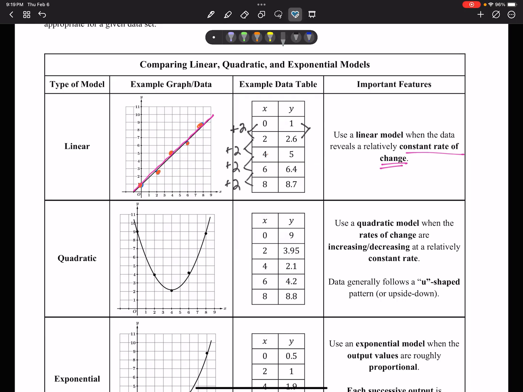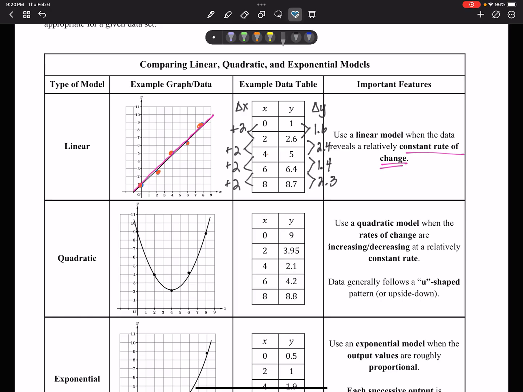And 6 to 8, you add 2. That's your change in x. And your change in y is going to be 1.6. And then it would be 2.4. And then 1.4. And then it looks like it would be 2.3.